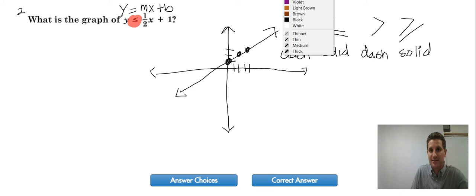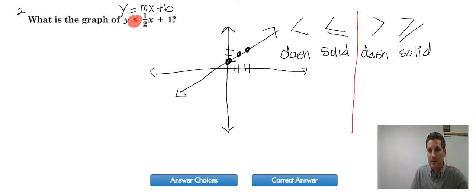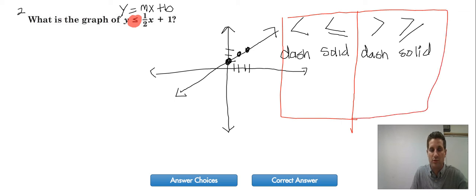Okay, next. I can actually put these into a box. Hopefully you put this somewhere a little bit better. This sign means less than. So y is less than. We're going to shade below for both of these. Shade below.